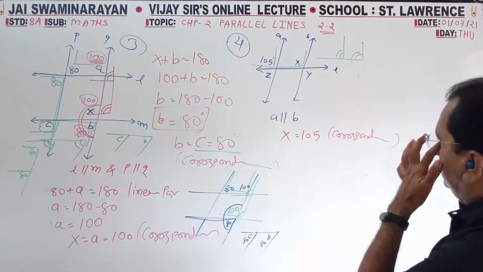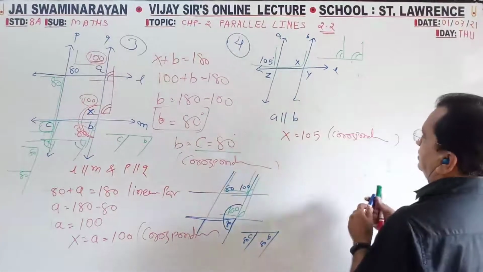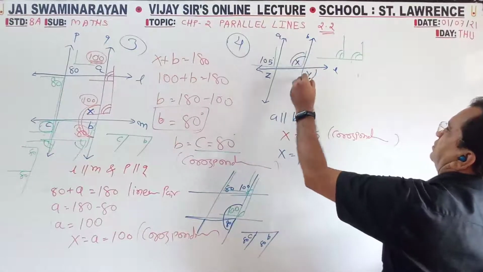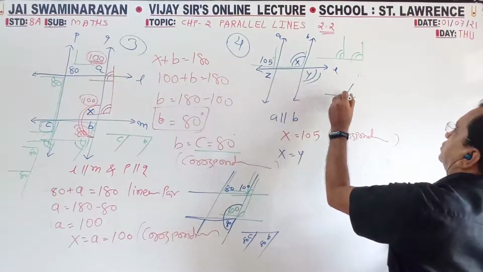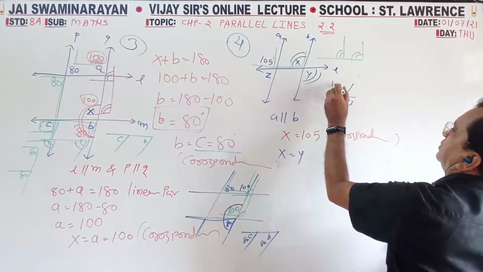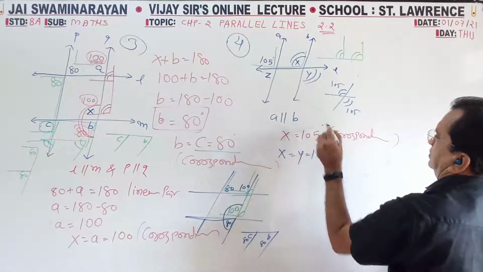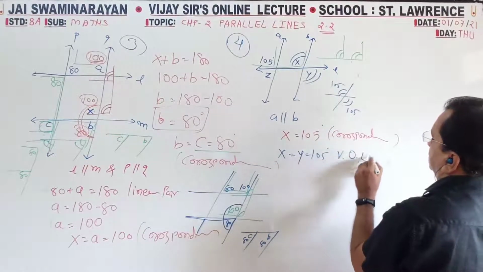And X is equal to Y, vertically opposite. This is equal to this. When it is crossed, this is equal to this. If it is 105, this is 105. Vertically opposite angle.